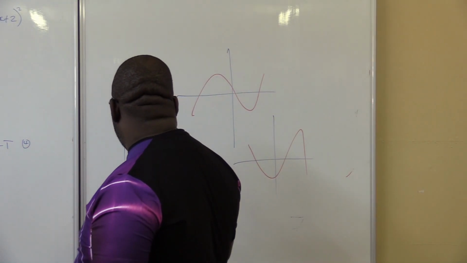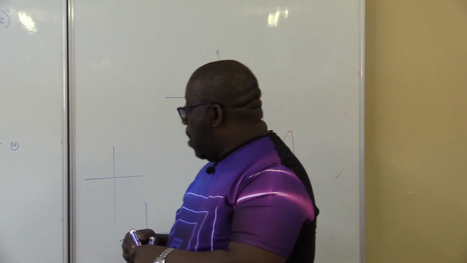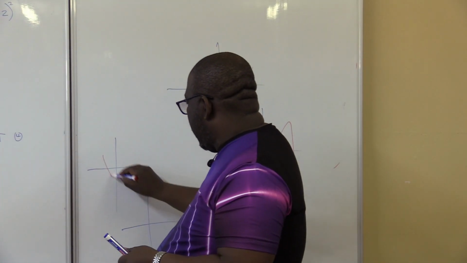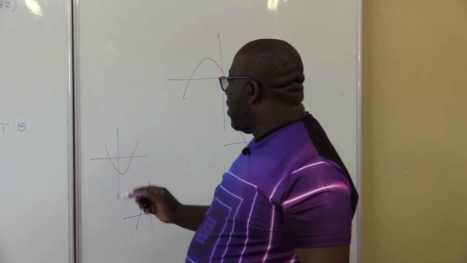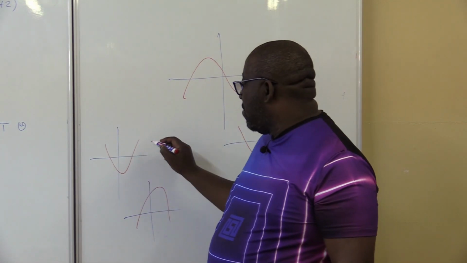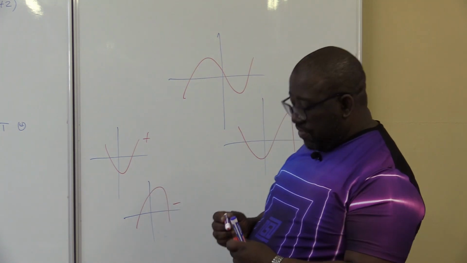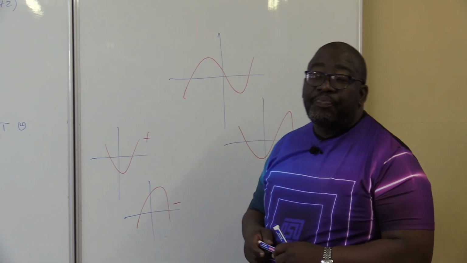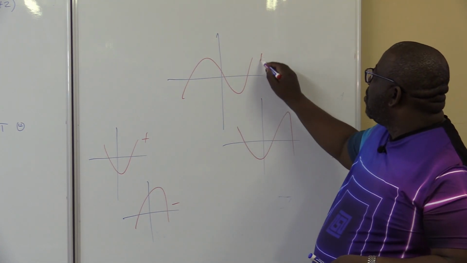If we're dealing with a parabola, I might have a graph like this one or a graph like this one. If the graph is facing up, we say our a is positive. This one is negative, so it will have a negative sign at the beginning. It's the very same thing here. This graph here is positive.